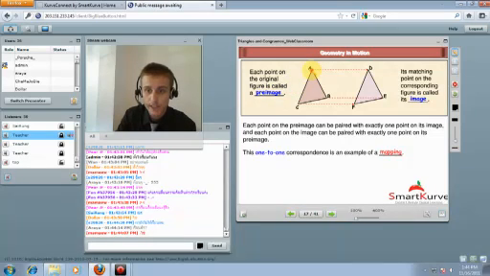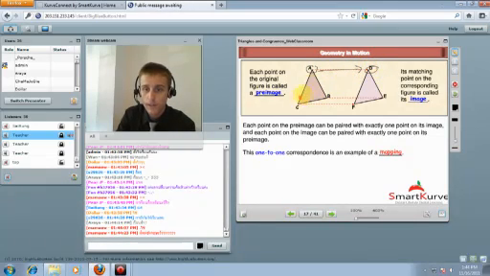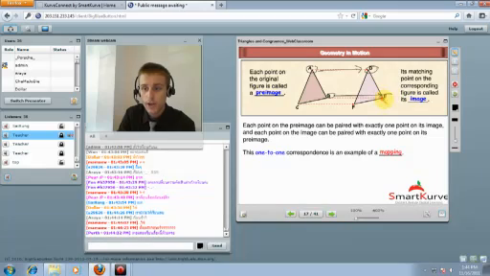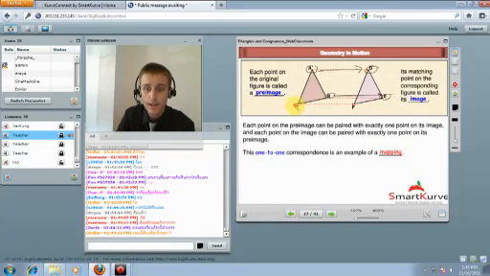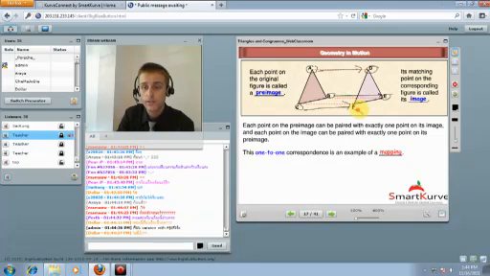So this is the translation that we're seeing right here, and all we do is move a triangle down. The pre-image is A, the image is D. B just slides down, no sizes are changed, no dimensions are changed. We're just sliding the triangle.